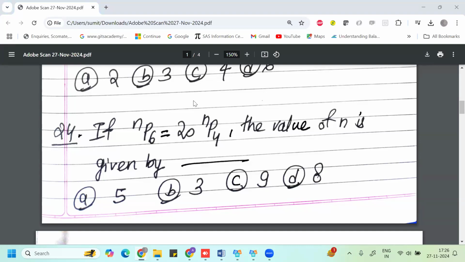Question number 4. I don't remember the answer. Answer is 9 only. Option C is the answer. Any doubt? Use options or you can solve also.